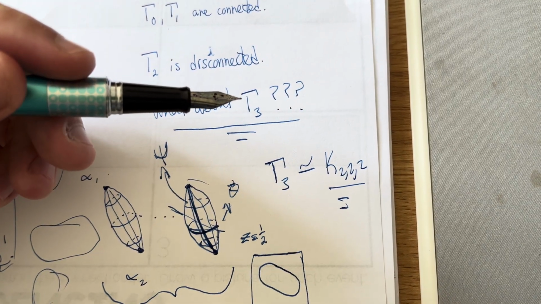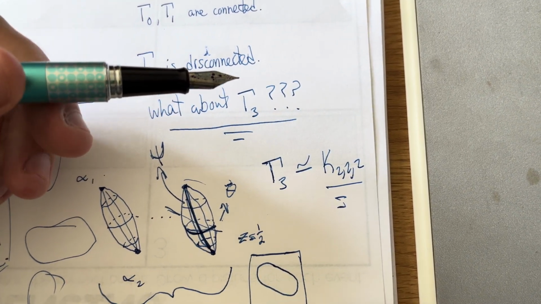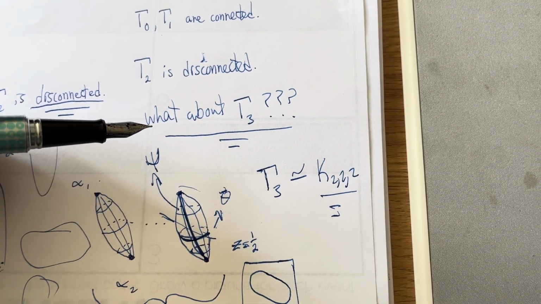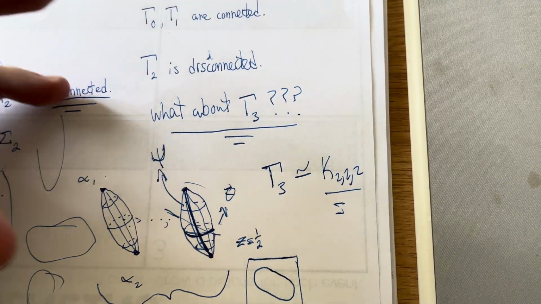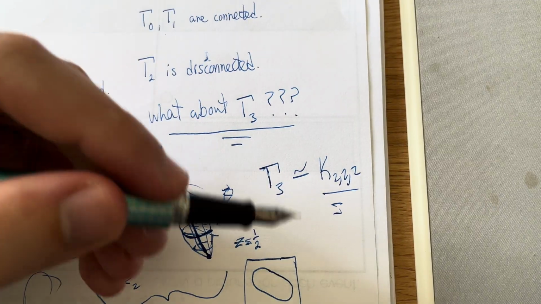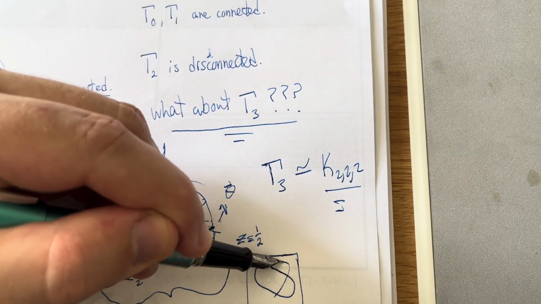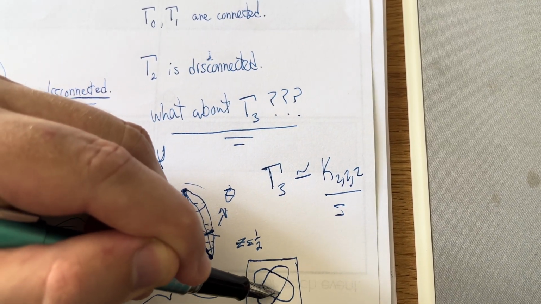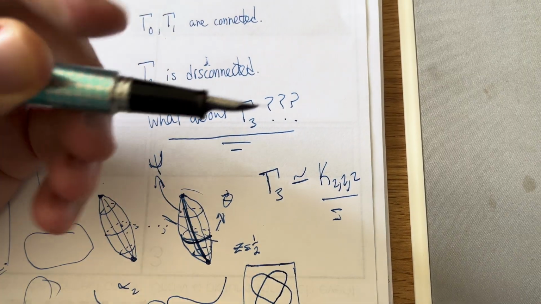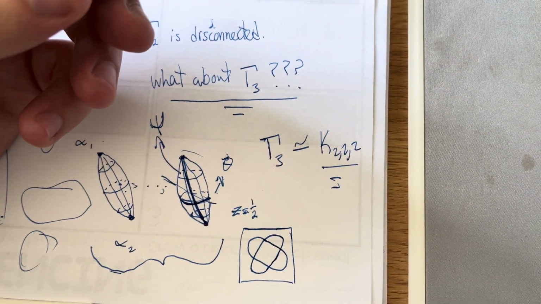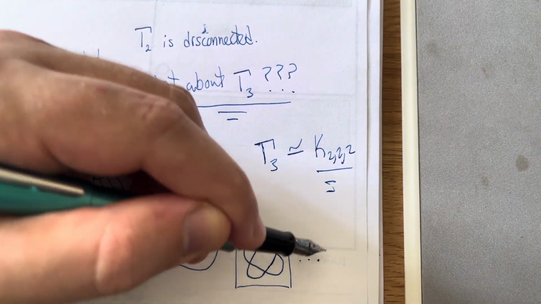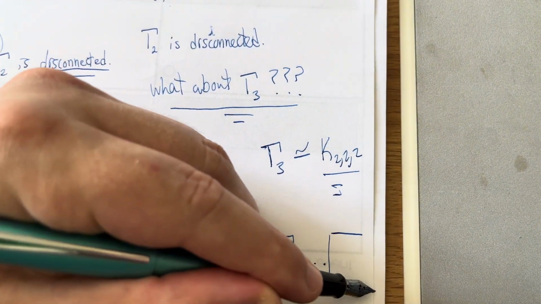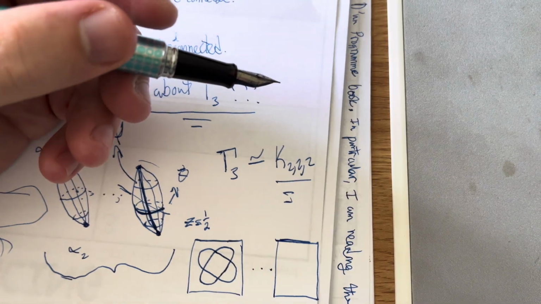But the interesting thing is we have 4 of these. All right, 1, 2, 3, 4 intersecting all together. So we're going to get another ellipse. But now we have 3 copies of this.